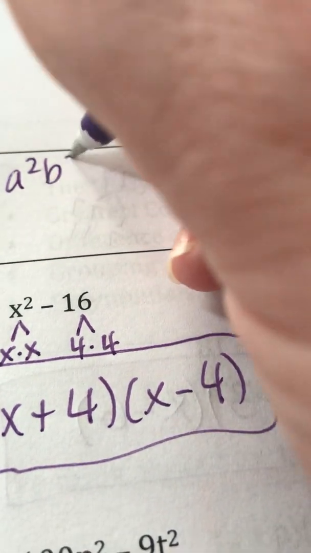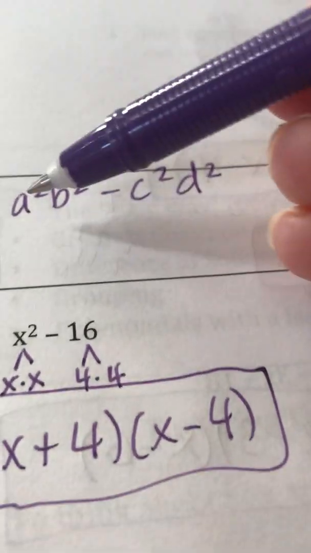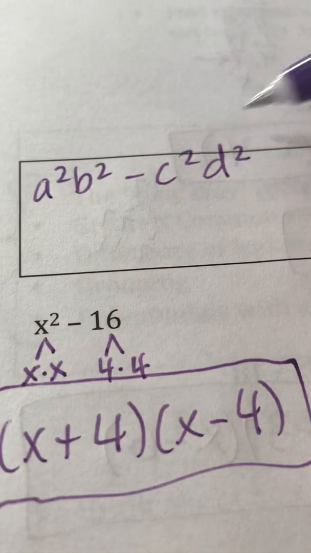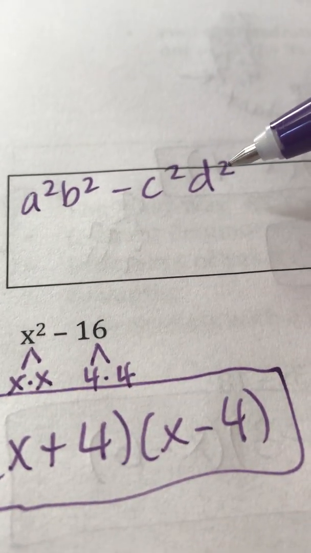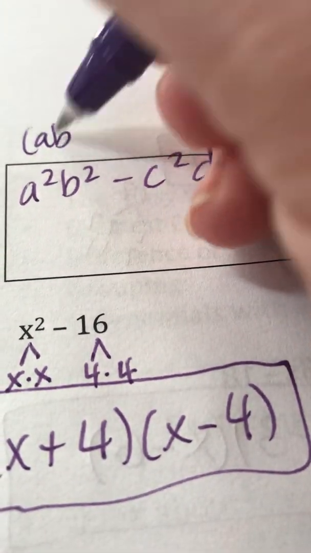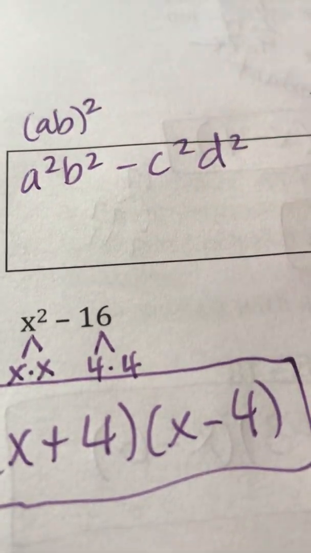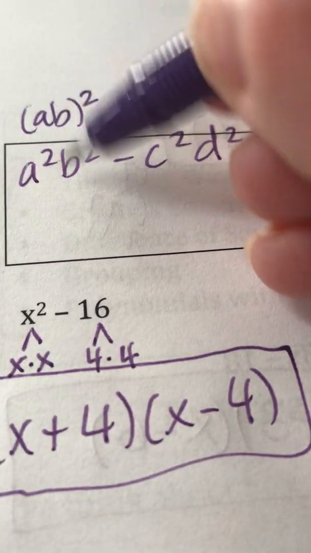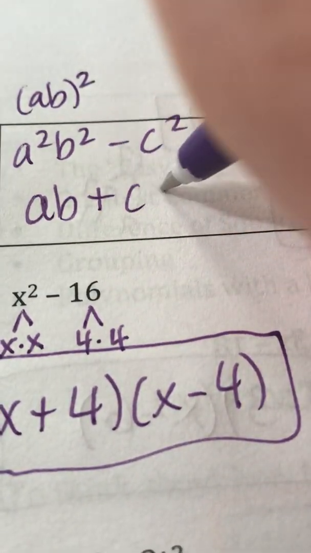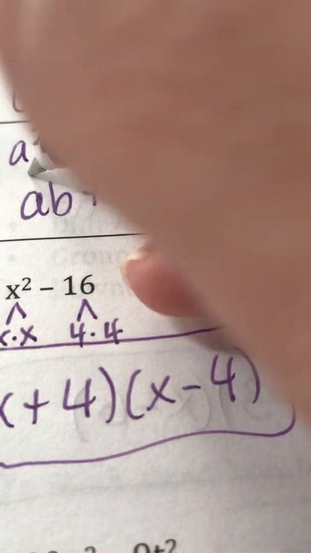A squared b squared minus c squared d squared. We still have something squared here. We still have something squared here, right? If you broke that apart, it could be ab squared, right? And then this distributes to both parts. So if I know that this is the same, what I have is ab plus cd, ab minus cd.